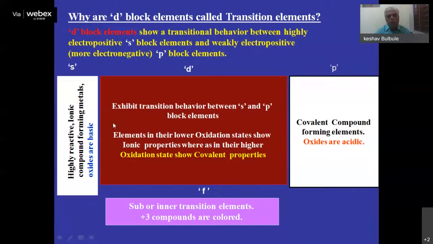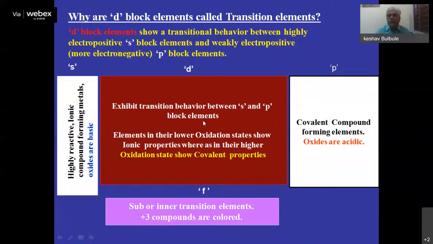But when you go from left hand side to the right hand side in this D block, the compounds of D block elements gradually change their properties from ionic to covalent, right? That means the electropositivity decreases from left hand side to the right hand side, and contrary to this, electronegativity increases.